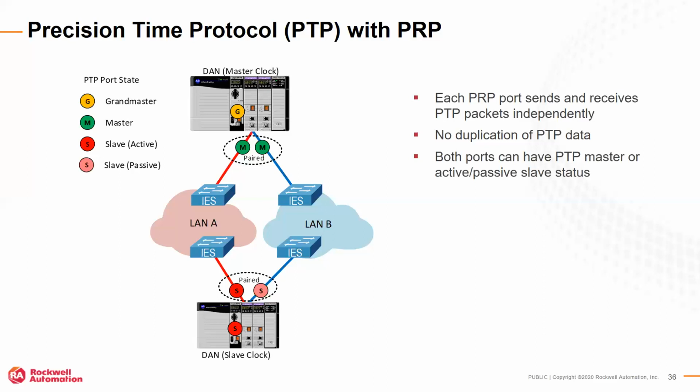Within precision time protocol, you communicate over the active path, and that doesn't change even with the PRP network. Precision time protocol has swap overs and resiliency built into it, and that resiliency is still maintained through the PRP architecture.